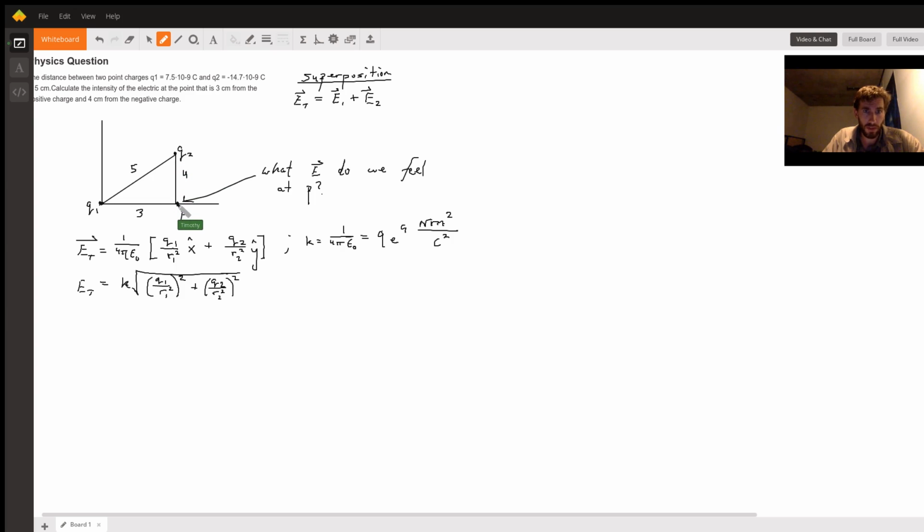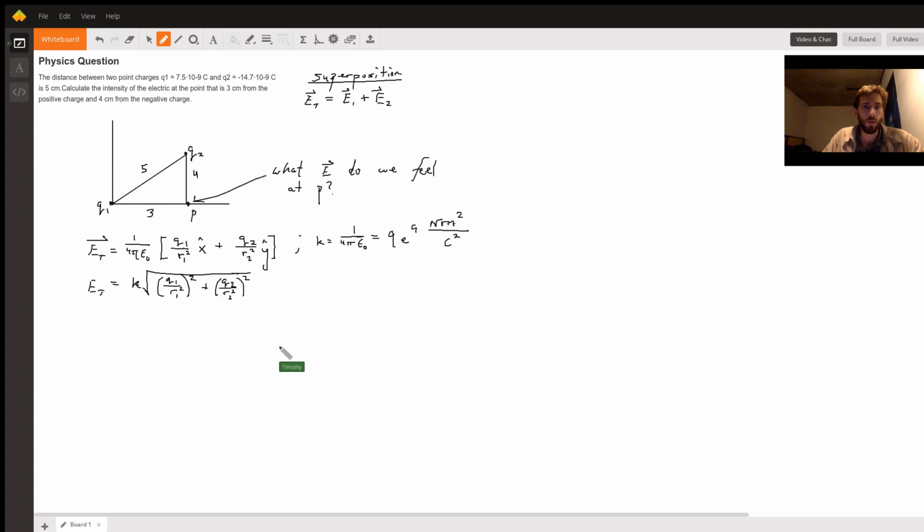At P, that's usually where your test charge is, and we're trying to find what electric field we feel at point P. To do that, we simply take the formula for the electric field, which is 1 over 4 pi epsilon naught, and we sum together each field.